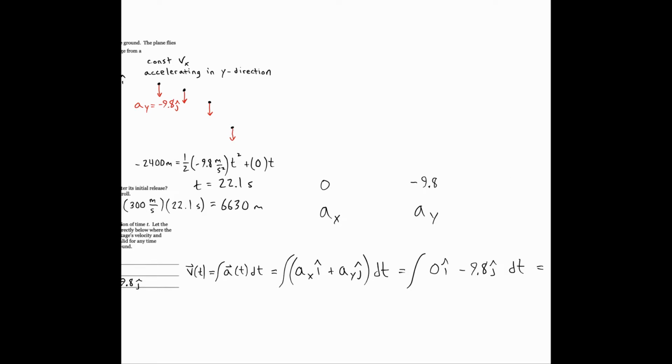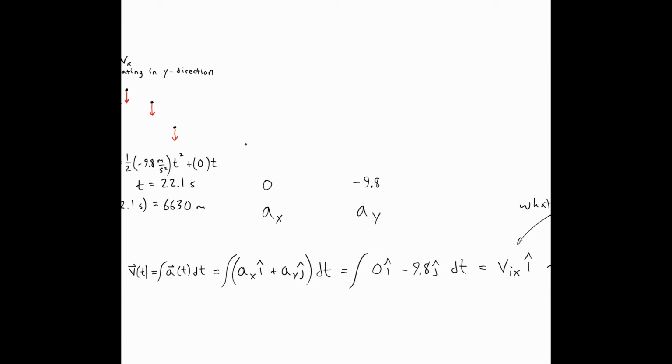That way you don't have to deal with the i's and j's at all. And so then what you do is just say, okay, Vx will be the antiderivative of ax, and Vy will be the antiderivative of ay. It's just that what I wrote below is a concise way of keeping it all together in one line.